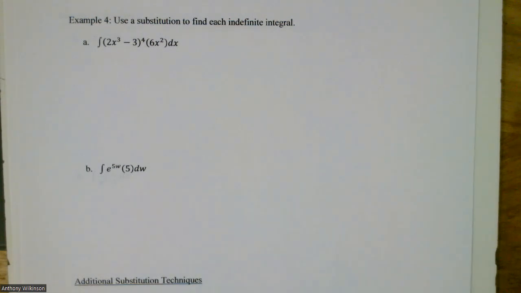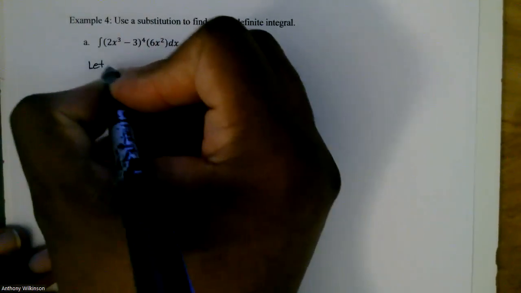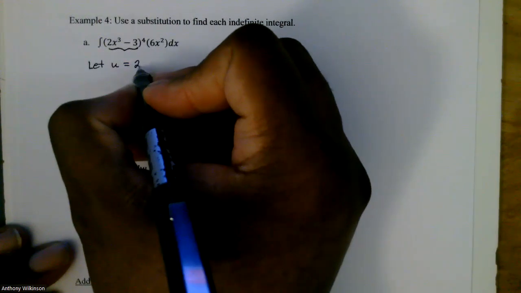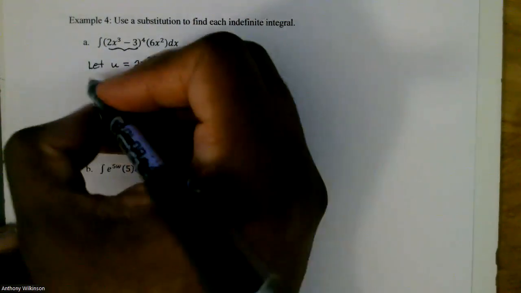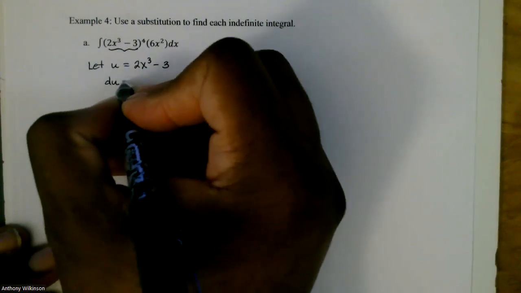So in this case here, I'm going to let u equal to what's inside the parentheses here, that 2x cubed minus 3. Then I'm going to take the derivative of that.